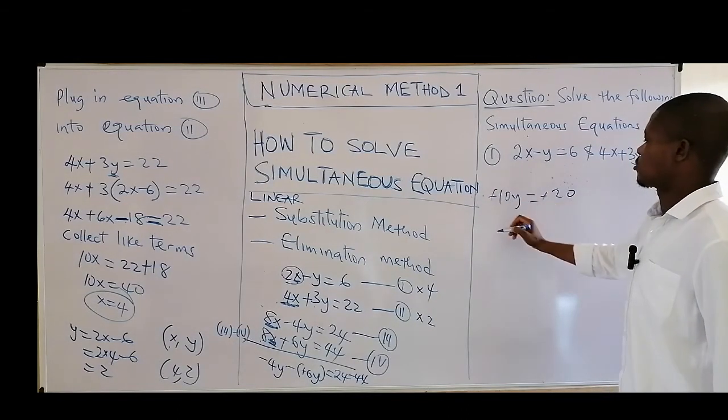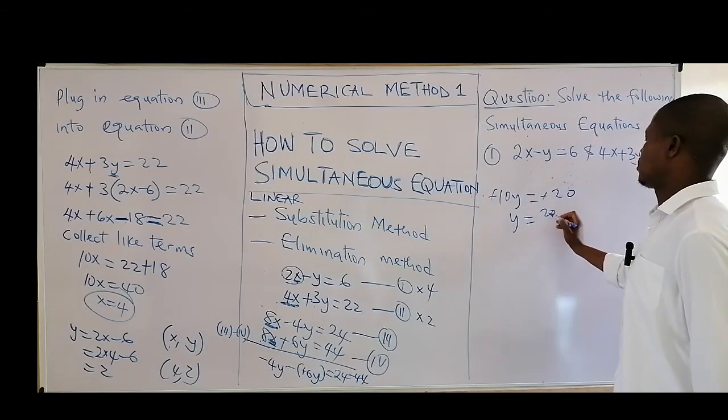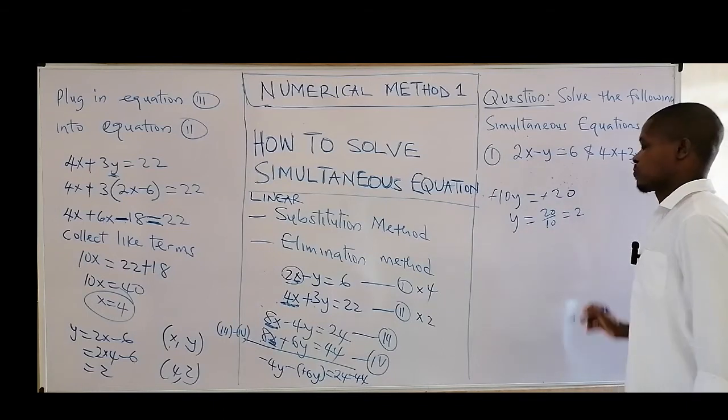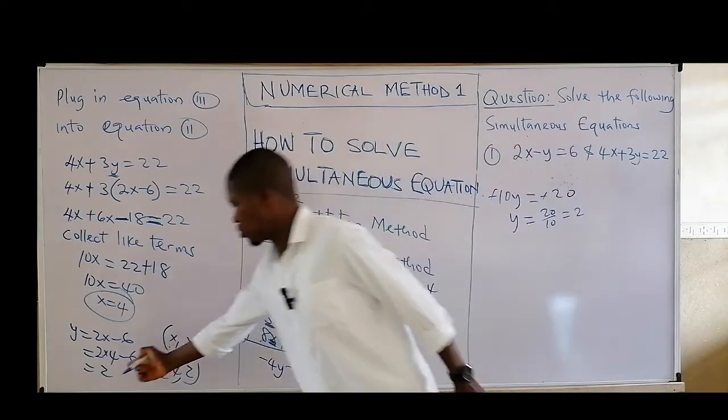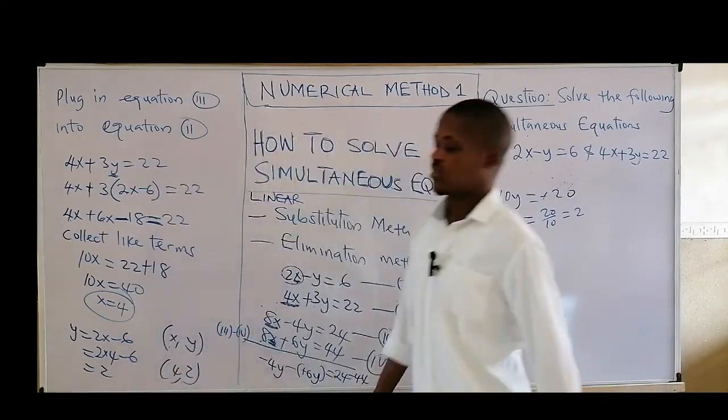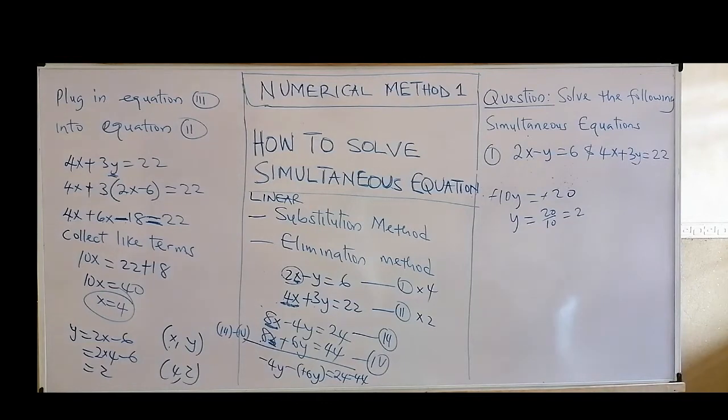So minus minus cancel, and y is 20 over 10. That's 2. So y is 2, and that's the same as what we got when we used the substitution method.